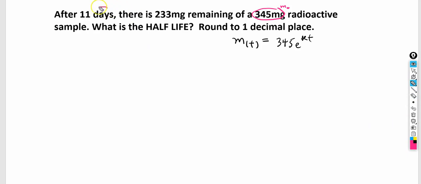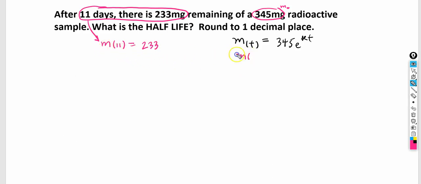We're told that after 11 days, there's 233 milligrams left. And what that's saying is the amount after 11 days, so m evaluated at 11, is equal to 233 milligrams. But I have another way to get m evaluated at 11.